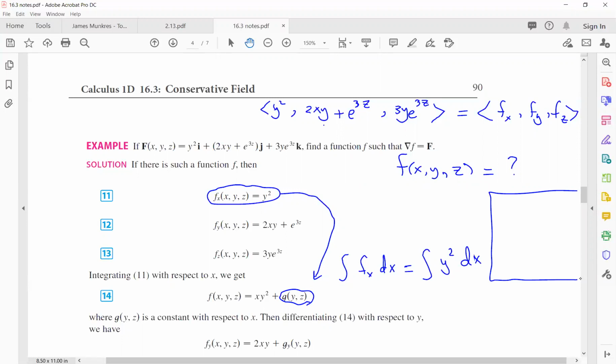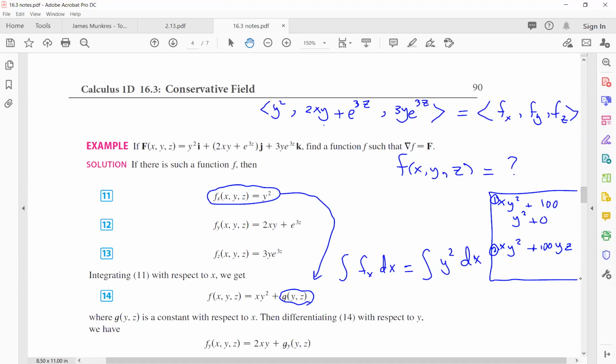Suppose I give you this expression, x y squared plus, again, a constant 100, x y squared plus an expression 100 y z. Let us number it 1, let us number it 2. The partial derivative with respect to x is y squared plus 0.